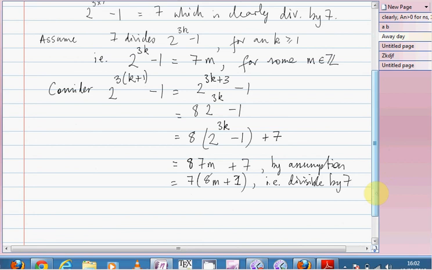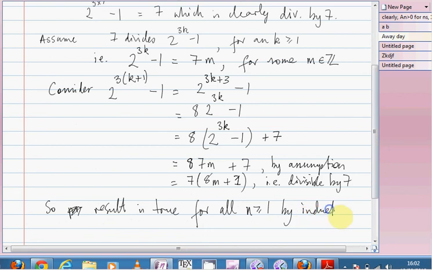Okay, so at this point I'd review that, talk about how we've applied the principle of induction here, and I suppose the proof would finish off by invoking the principle of induction. So the result is true for all n greater than or equal to 1 by the principle of induction.